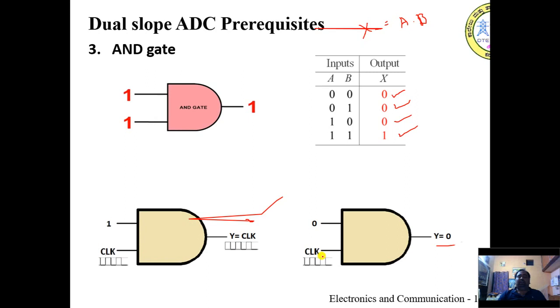It depends upon the comparator result. If the comparator output is 1, the clock is passed to the counter stage. If it is 0, it doesn't pass the clock signal to the counter stage.